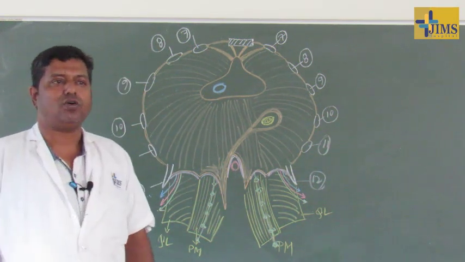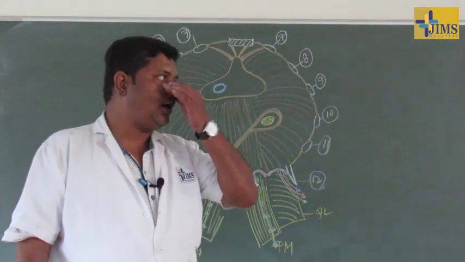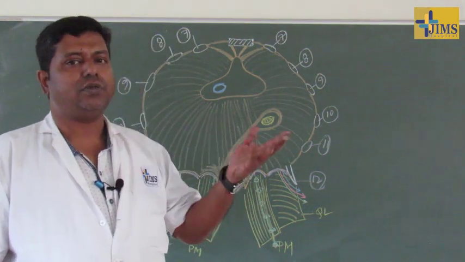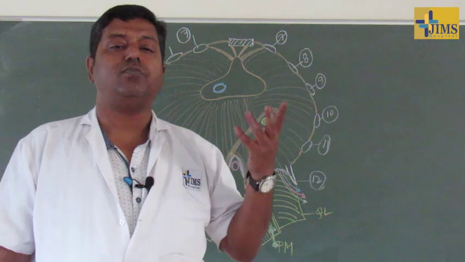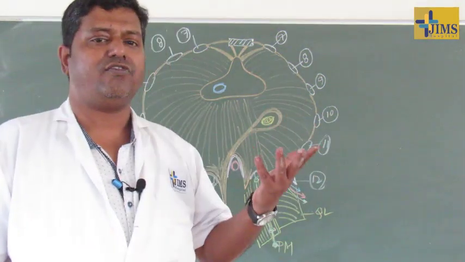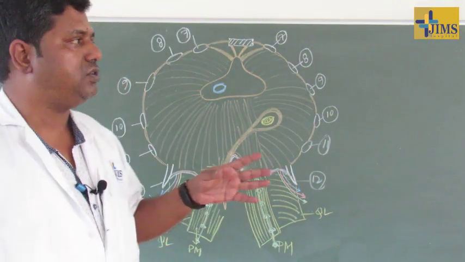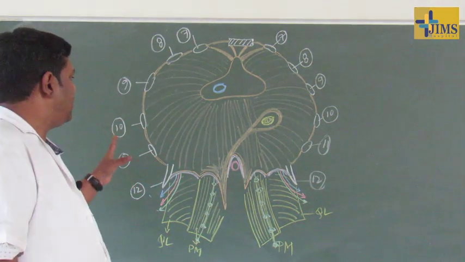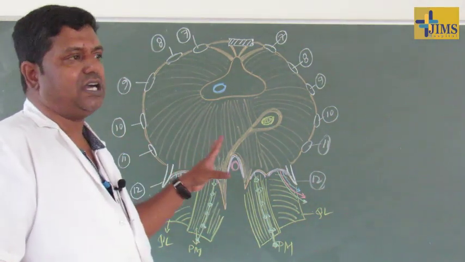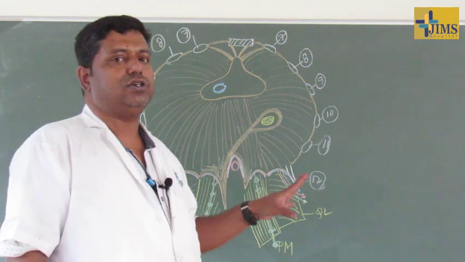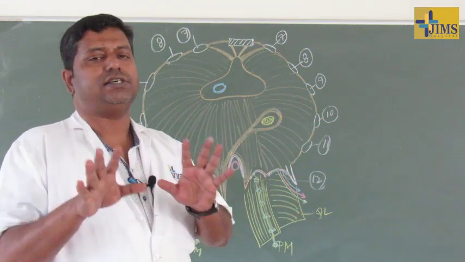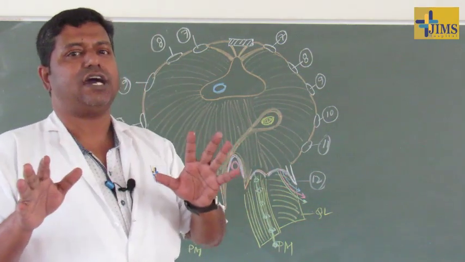This is what is known as the costovertebral trigone, or this foramen, when formed, is known as the foramen of Bochdalek. So these are the two types of diaphragmatic hernias. In short, this is all about the theory part of the diaphragm.